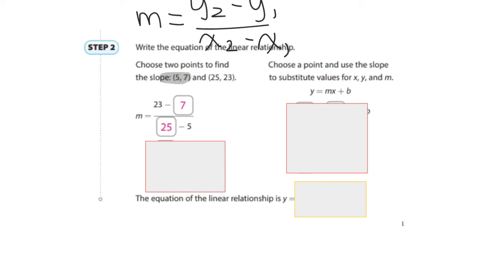They're using these two ordered pairs for their x1, y1, x2, y2. So you see they have the y2, 23, minus the y1, 7, and the x2, 25, minus the x1, 5. So calculate 23 minus 7, 25 minus 5, and leave that as a fraction.